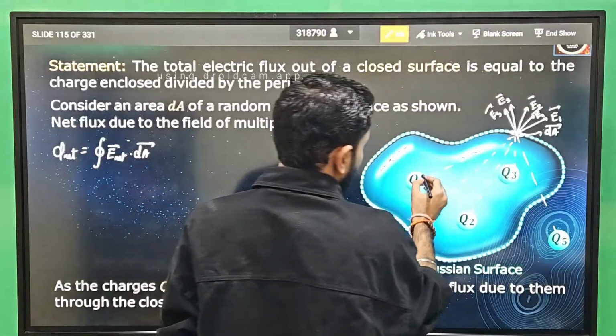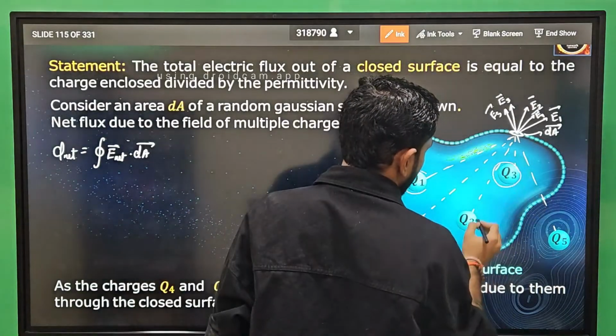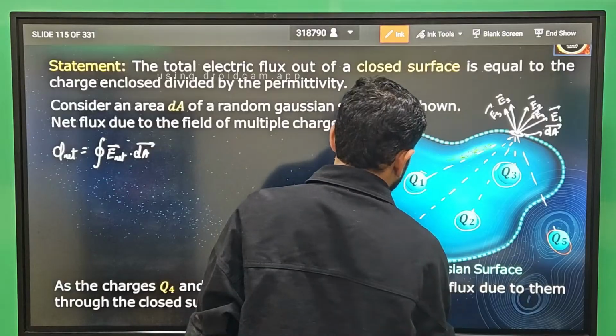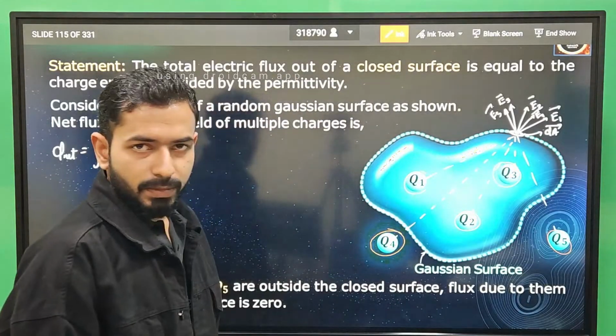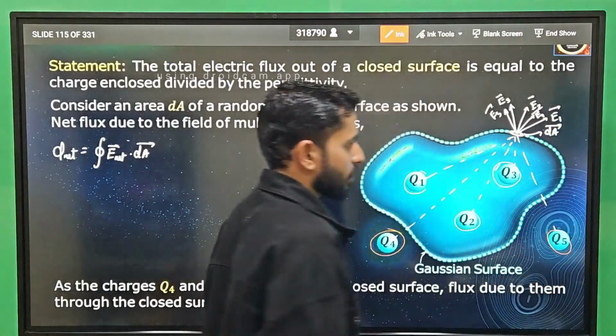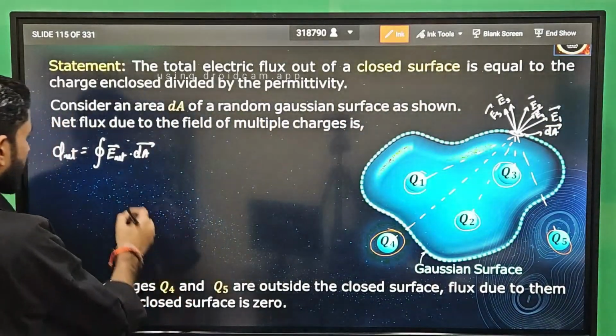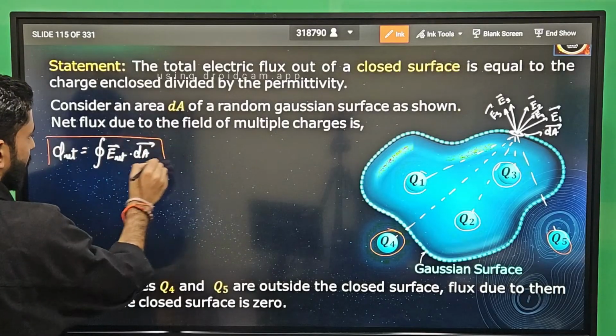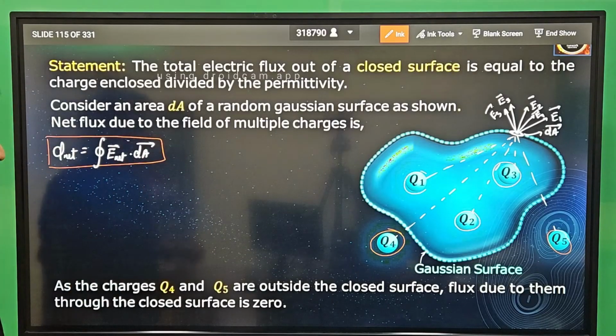Some charges we have taken: Q1, Q3, Q2, Q5 and Q4. They will have their electric fields, all in opposite directions. Okay, so what will you write? The net flux is the net electric field into area.